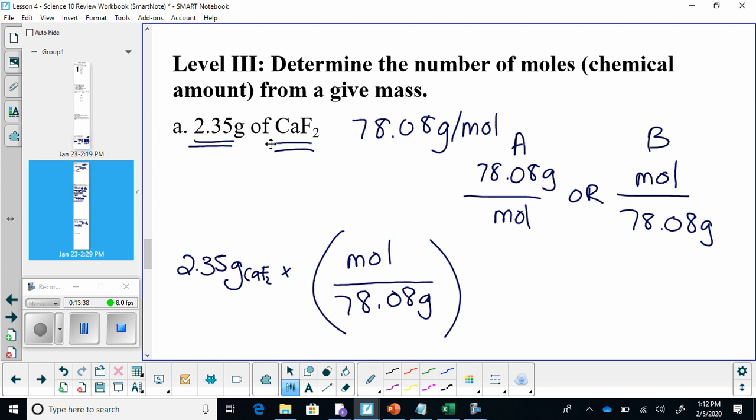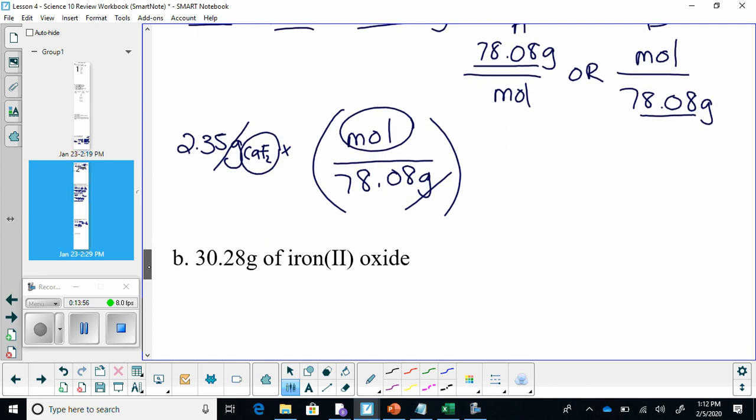Notice how grams does not separate from the number. See how it's attached to the number here? It remains attached, whether it is in the numerator or the denominator. Okay, what's canceling out? Grams. And we are now left with moles of calcium fluoride.